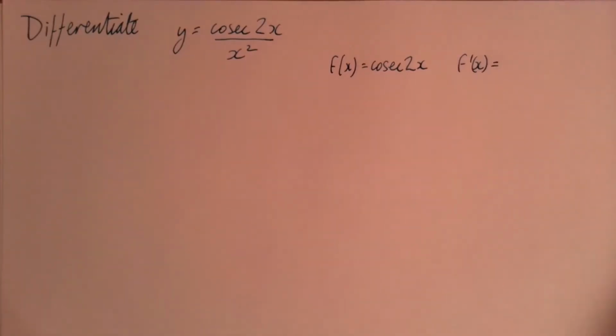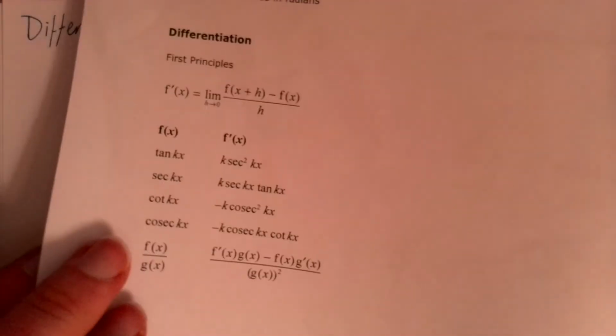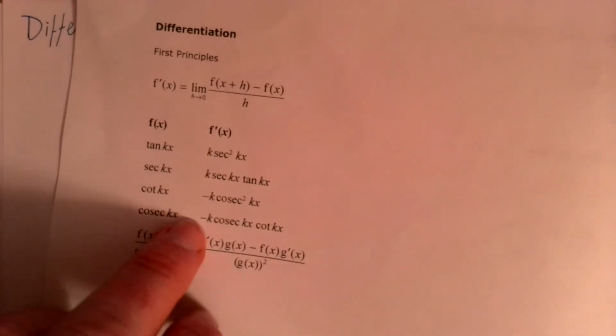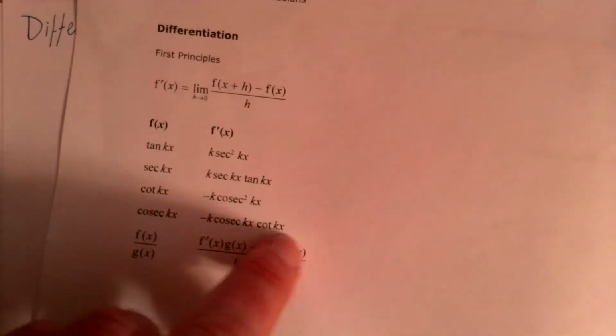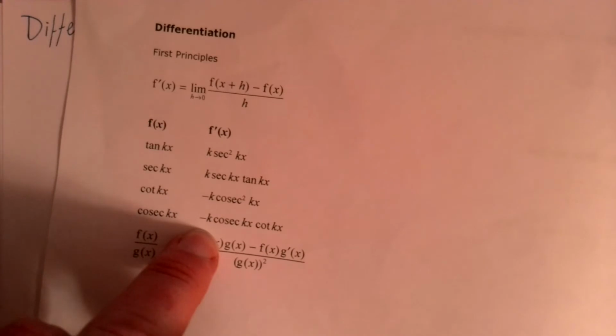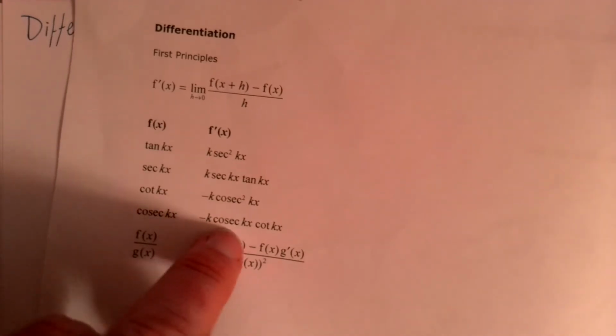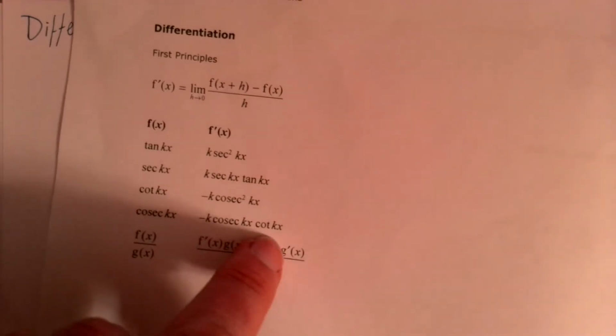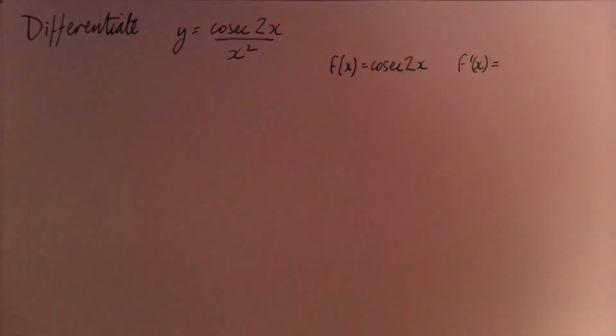Well, we can have a little look at our tables again here, where it says cosec kx, and it gives us this bit here telling us minus k cosec kx cot kx.